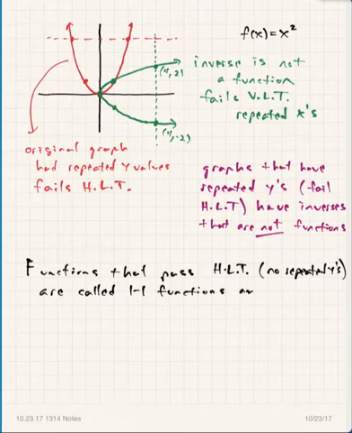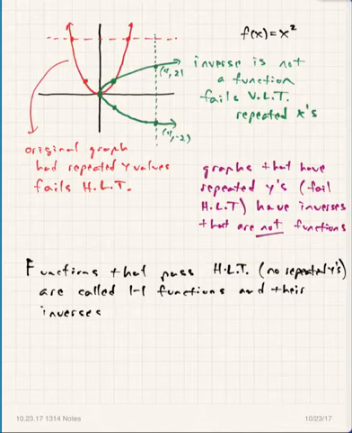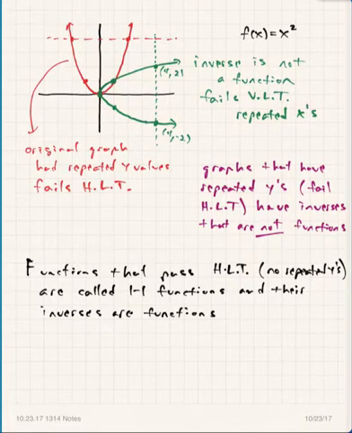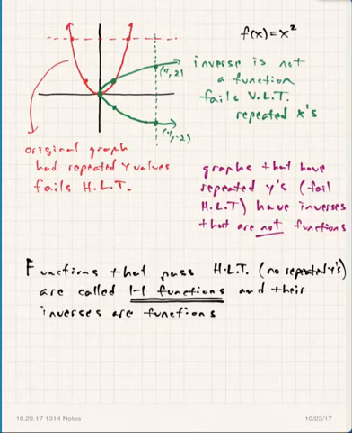And their inverses are functions. These are the kinds of functions we want to talk about, functions that pass the horizontal line test, and these are called one-to-one functions. All right, that's actually a property for inverses right here.